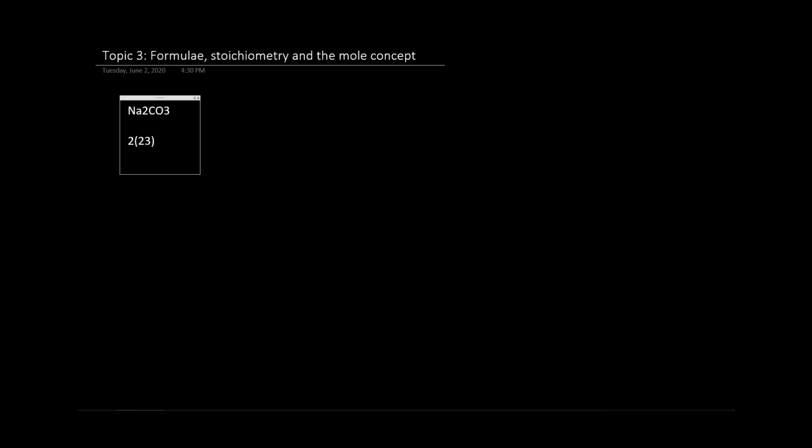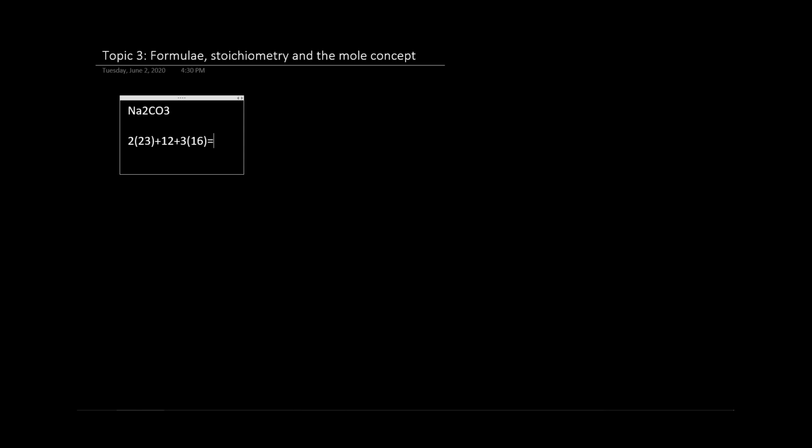The total mass of carbon in Na2CO3 is the AR of carbon, which is 12, and this can easily be deduced from your periodic table. In the case of oxygen, the total mass of oxygen here is 3 into 16.